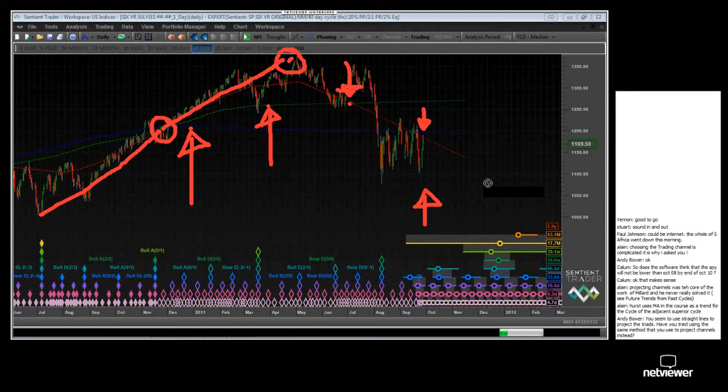Now, I see a question from Andy, which I'm going to answer in a moment, and I'd like to mention, Alain pointed out that Millard's work was all about projecting channels forward. It might strike you that projecting these moving average lines is the same thing as projecting channels forward.